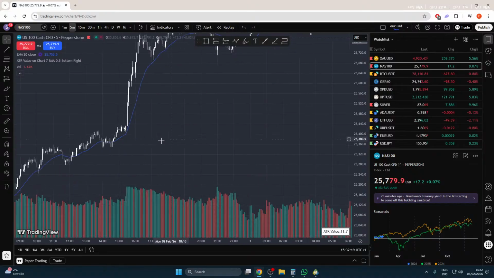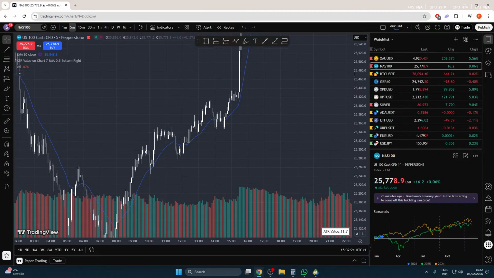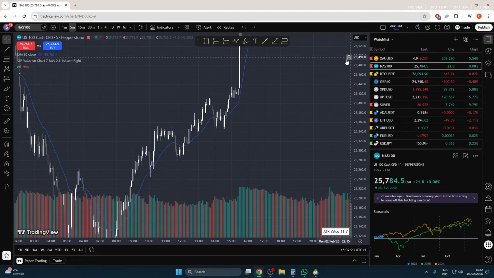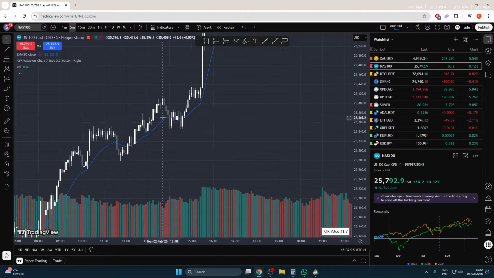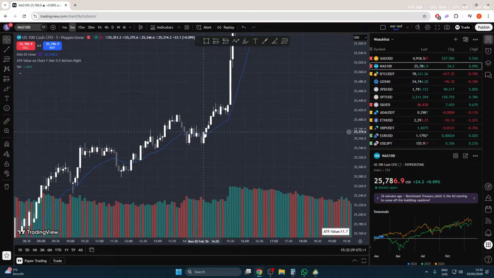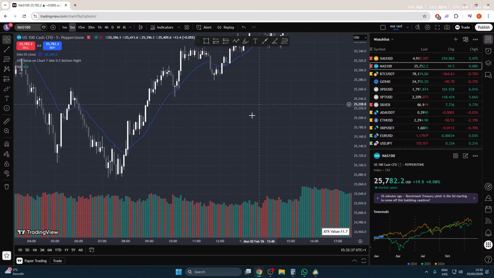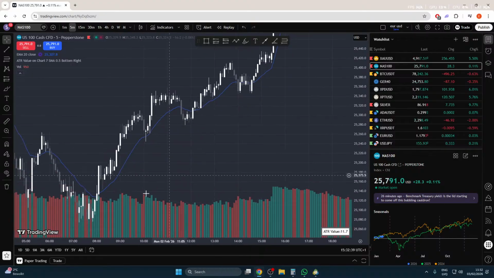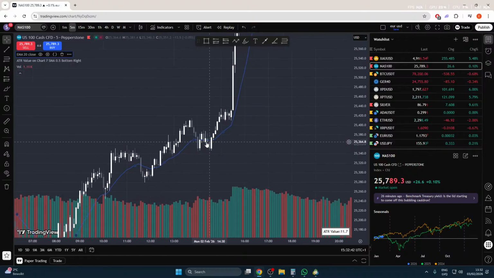Yesterday I was trading a bit pre-market, so I entered here on a double bottom, it was trending before, right? I entered above this candle, had my stop below here.